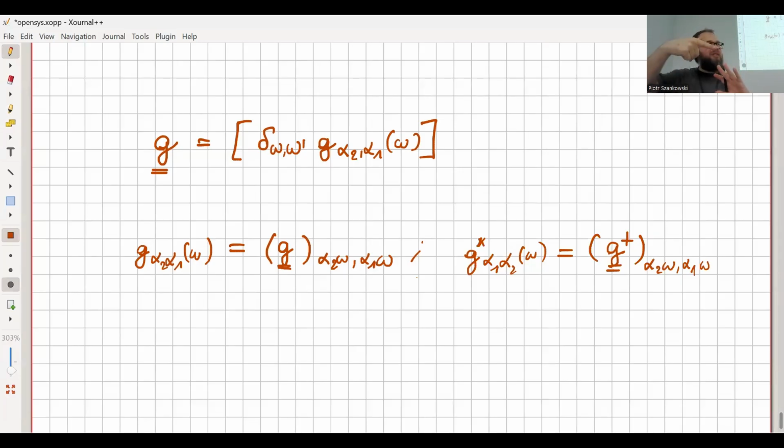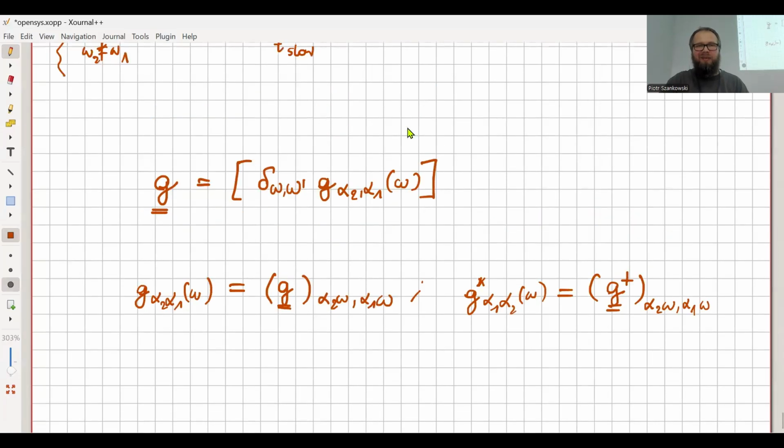Dagger does transposition and complex conjugate, right? So if I take G dagger and take alpha 2 omega, alpha 1 omega, I get the coefficient where the transposition gives me the reverse order of alphas, okay? So this is a trick that I can do.